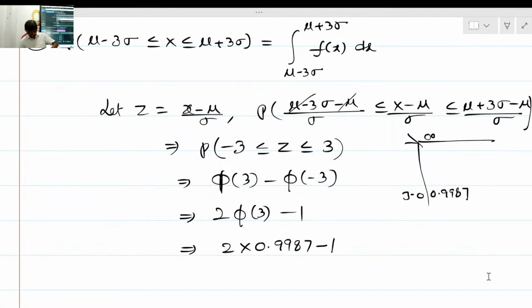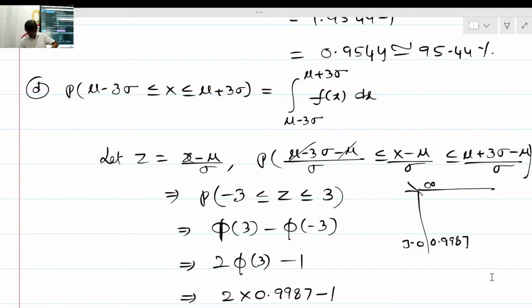1 sigma limits and 2 sigma limits are both subsets of 3 sigma limits.